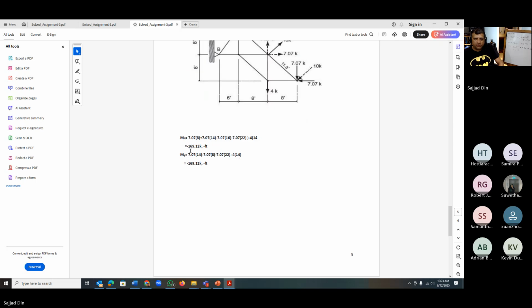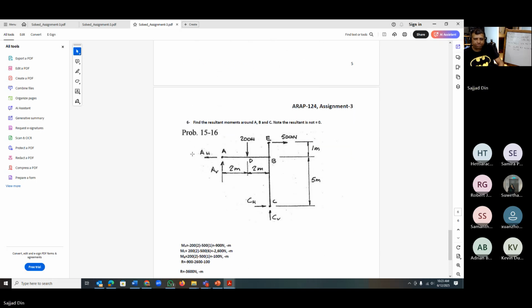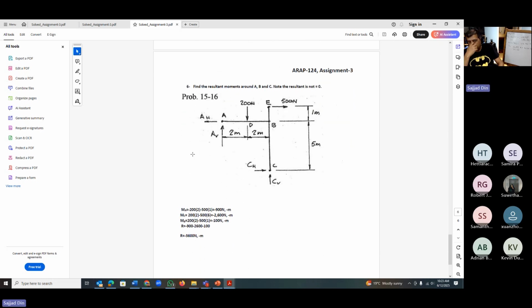Okay, so here's the solution to help you. In this case, you're looking for the moments around A, B, and C. So in the case of A, how many forces are you going to consider? No, hold on. Not 3, it's just 2. It's 205.